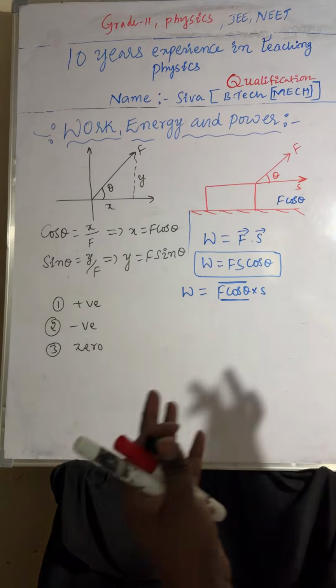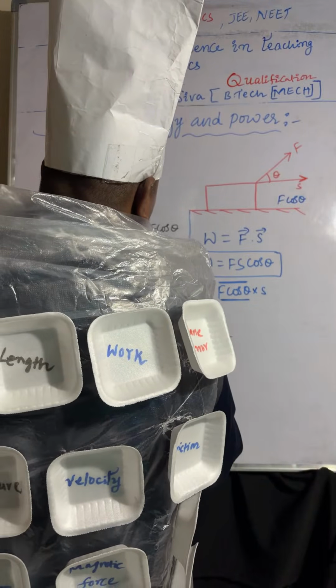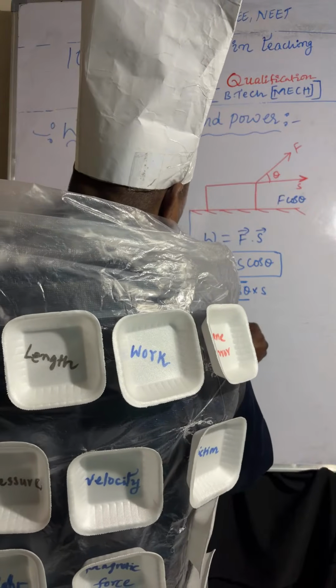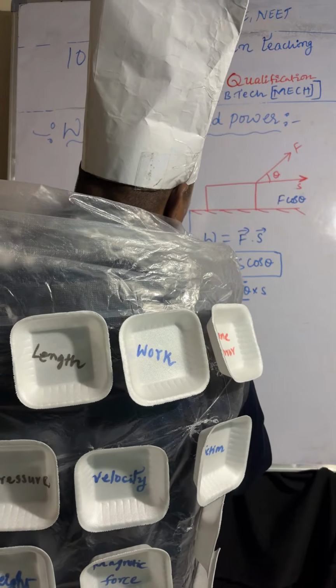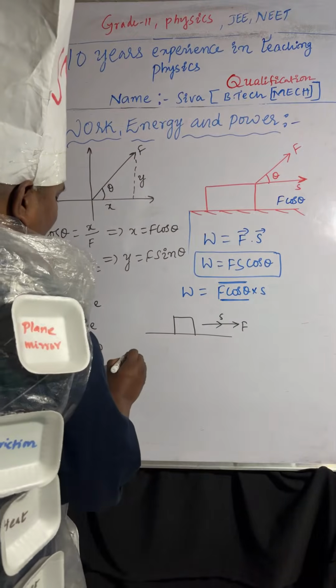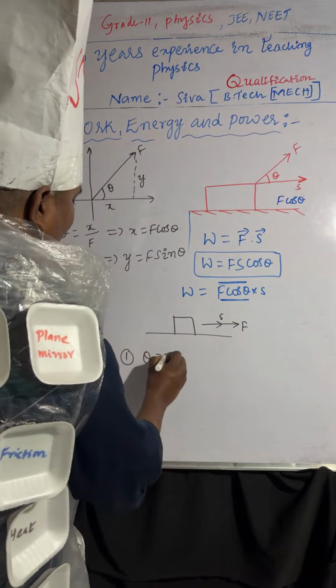When we apply force on the object, and force and displacement are acting in the same direction, then theta equals 0. So in the first case, theta equals 0.